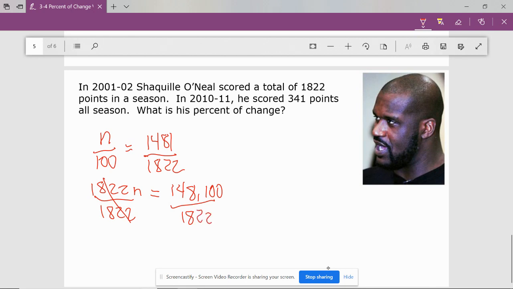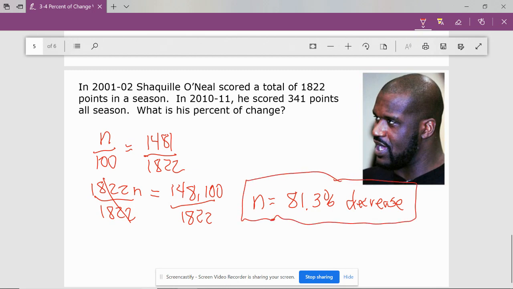So n, our percent of change, is going to equal 81.3%. And we went from 1,822 down to 341, so that is a decrease. So that's our answer right there.